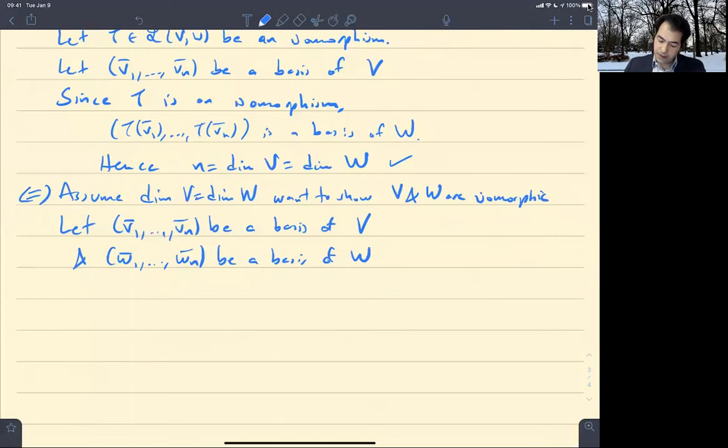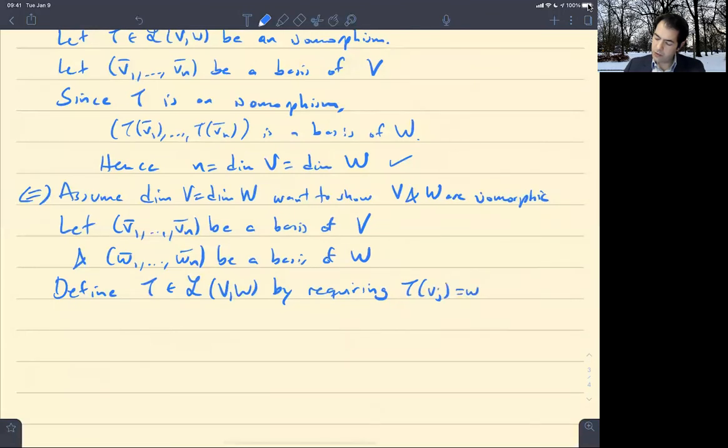So let's define T, linear map from V to W, by requiring T of Vj to be equal to Wj for every j, and extending by linearity.